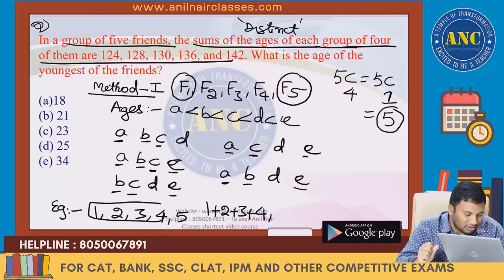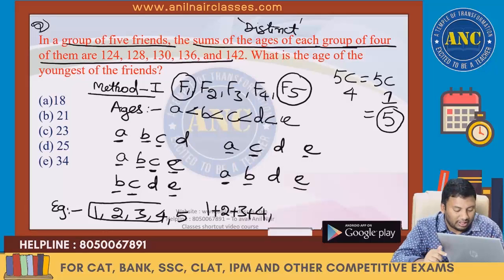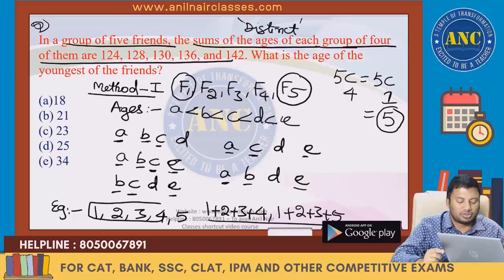The next lowest is 1 plus 2 plus 3 plus 5, which is 11. Next is 1 plus 2 plus 4 plus 5, which is 12. Next is 1 plus 3 plus 4 plus 5, then 2 plus 3 plus 4 plus 5, which is 14.